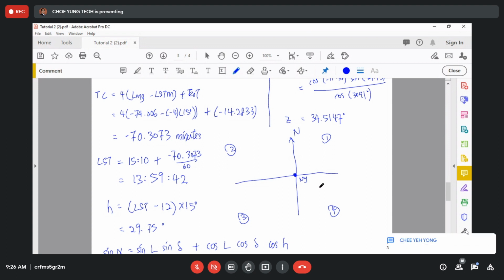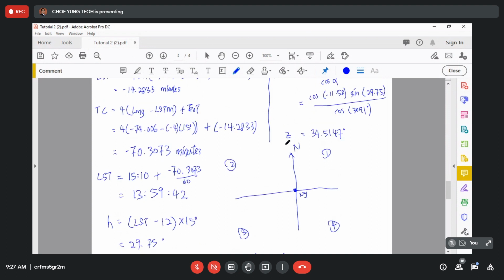Anyone think about it? The angle should be measured from the first, second, third, or fourth quadrant. Q3. Oh, okay. So first, we know that the sun will move from east to west.